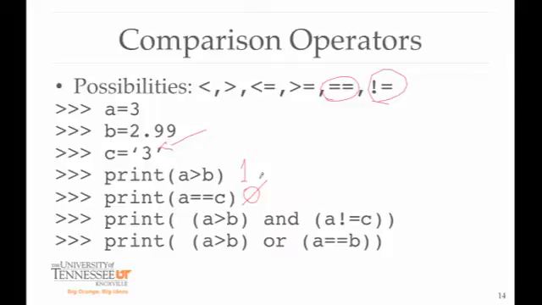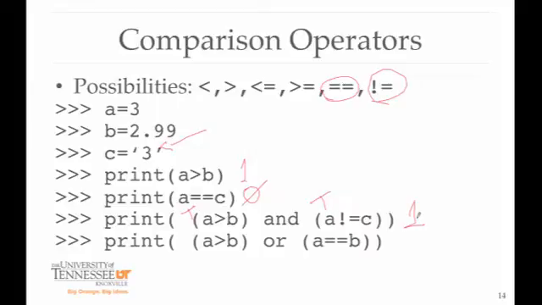First, let's try A greater than B and A not equal to C. We know from above that this is a true statement, and A is certainly not equal to C. We know those are true, and if both are true and you AND both expressions, you would get true back, and now we know what Python will print if it's true. It would actually print a 1 for that example.